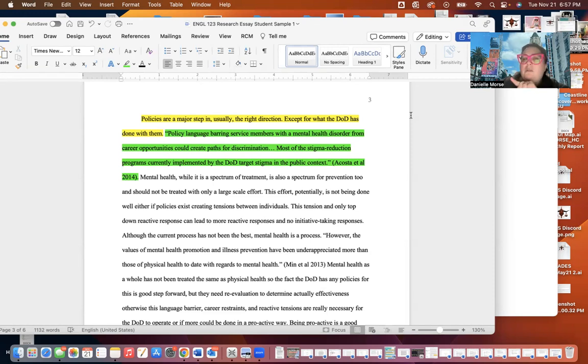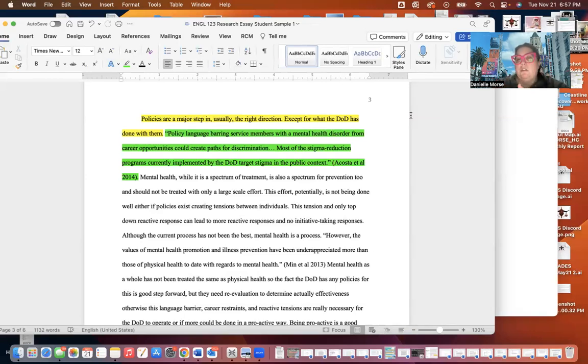And then it says policy language barring service members with a mental health disorder from career opportunities could create paths for discrimination. Well, yeah, if policy language, this is me trying this, because the evidence is not integrated well, I'm trying to make sense of the evidence, but I don't have the source in front of me.